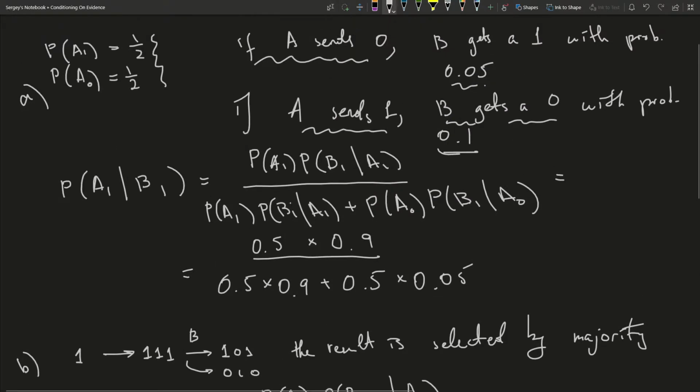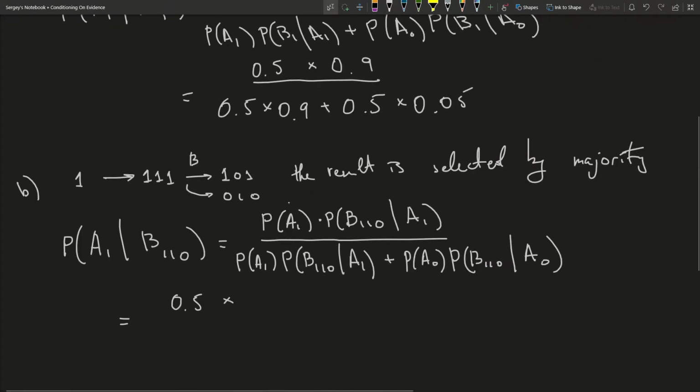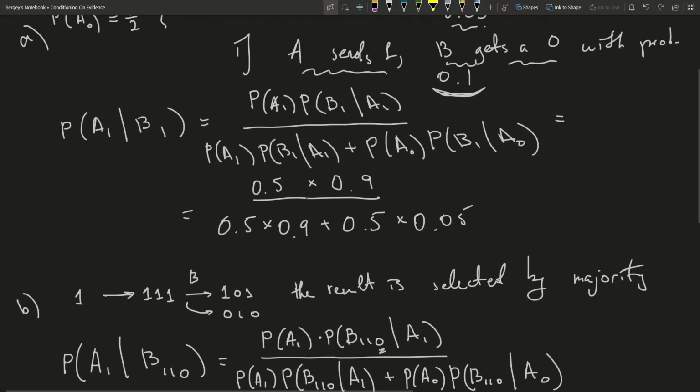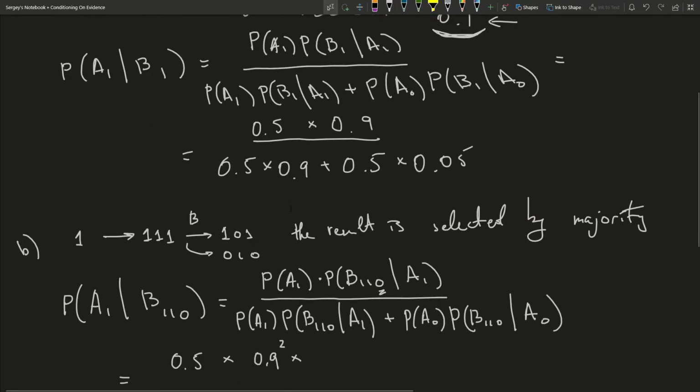The probability of an incorrect message is 0.1, so the correct message is 0.9. Then Bob needs to receive the second digit correctly. That's also 0.9, so 0.9 squared times. Now the third digit, Bob needs to receive incorrectly, so an error needs to occur. And whenever Alice sends a 1, the probability of an error is 0.1. So this is times 0.1 here.